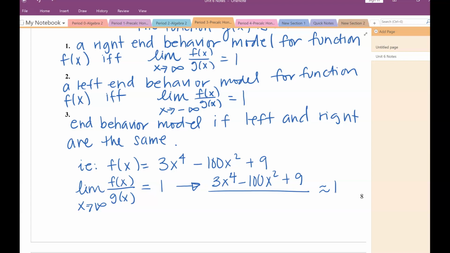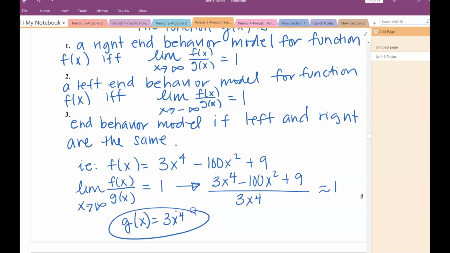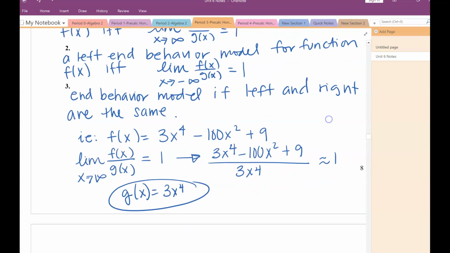So g of x is just simply what? 3x to the 4th. So for this one, your right end behavior is just simply 3x to the 4th. So the end behavior is the simple, okay? When I say simple, it's usually one term that's representing the more dominant of the polynomial.